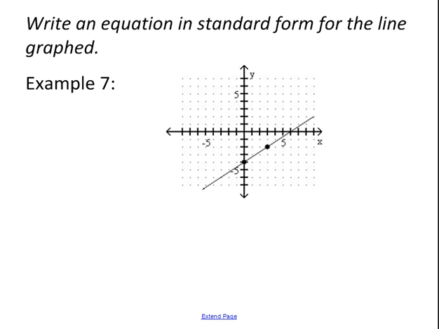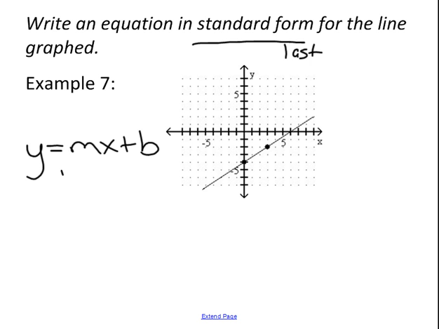So let's look at example 7. Write an equation in standard form. Remember, standard form, you do that last, for the line that is graphed. So in order to graph using y equals mx plus b, you need to know m and you need to know b. B is the point where the line crosses the y-axis, which is this point right here.